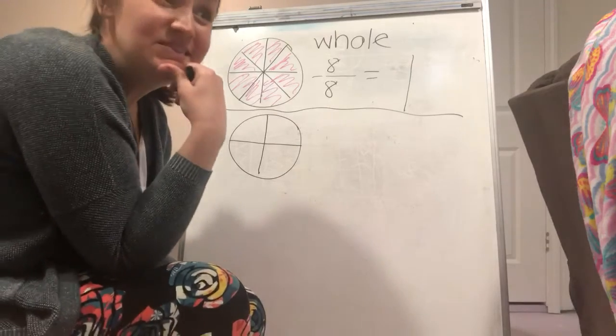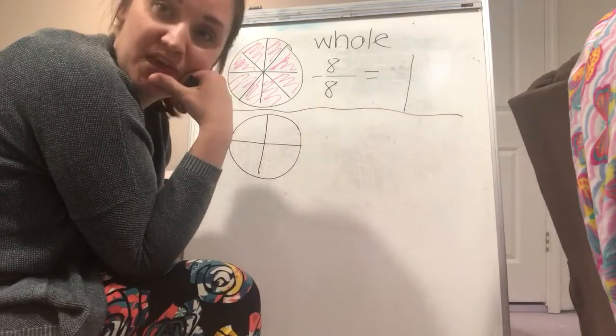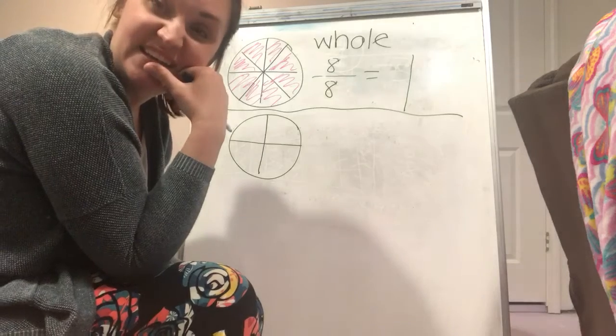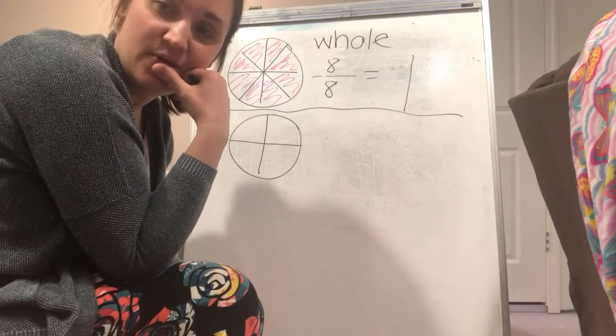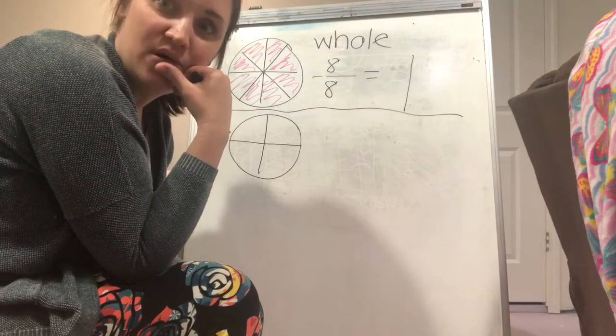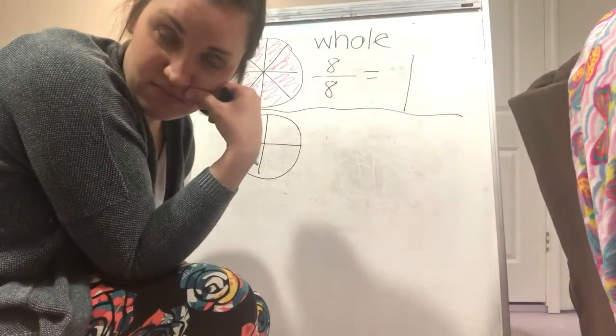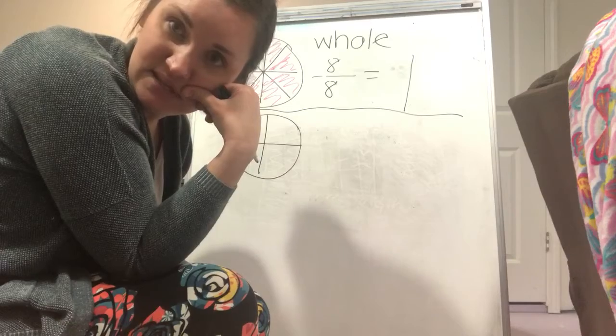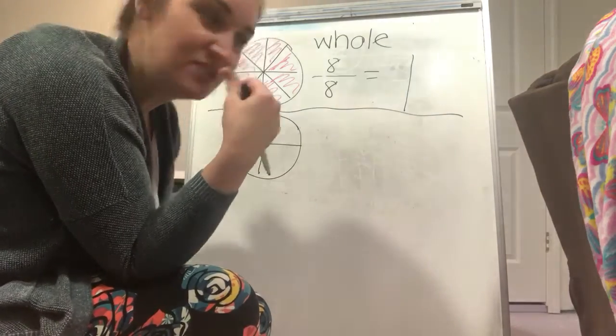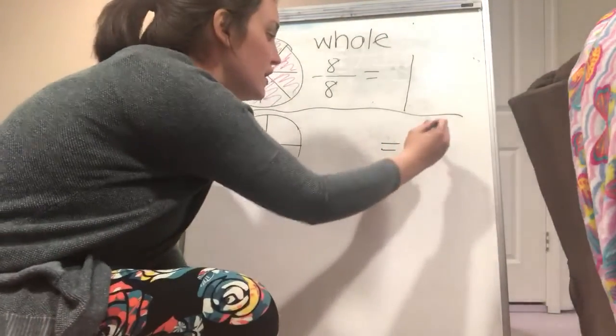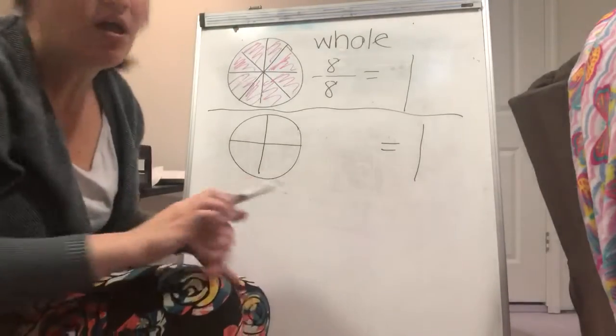All right, so let's say your big brother wakes up and he sees a big pie sitting on the counter. And he's like, oh, I'm so hungry. And he eats the whole thing. How many pieces did he eat? What is that in fraction form? We know he ate the whole thing. He ate all of it.